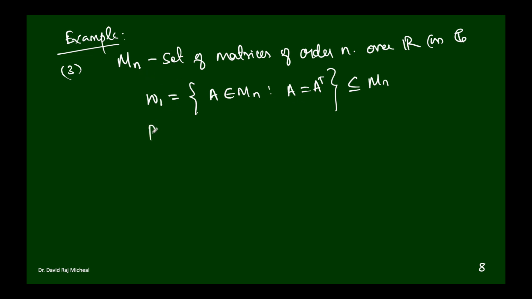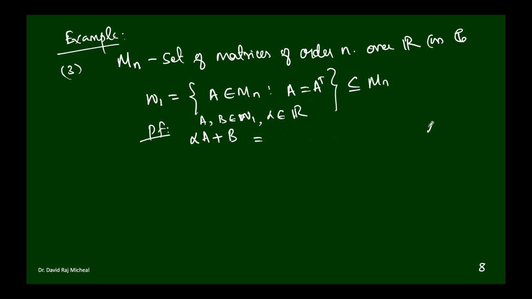So how do I prove it? The proof is much simpler. I just have to verify whether alpha times A plus B belongs to W1 or not, whenever A and B belong to W1. So let's take A, B belonging to W1, and alpha belonging to R or C. So what will happen to alpha times A plus B? Now I know that A equals A transpose.